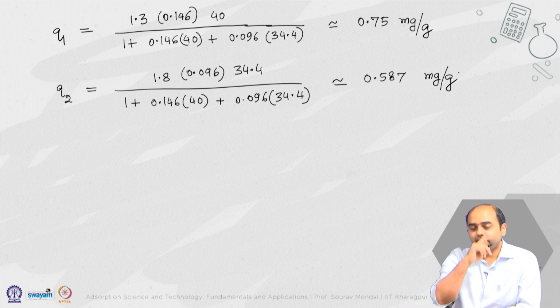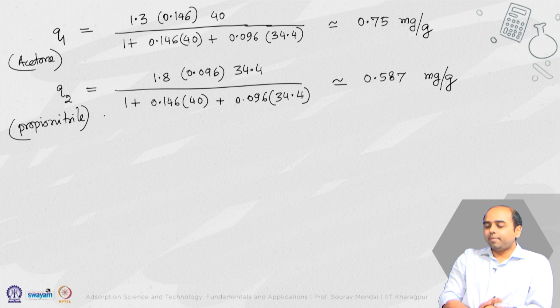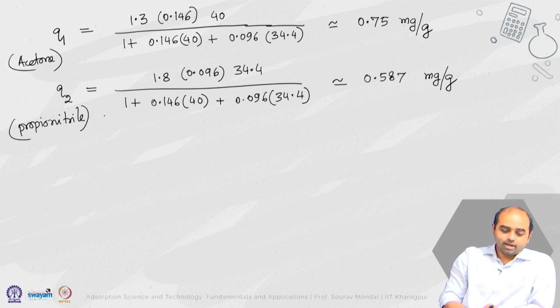Comparing these two values, the top one is for acetone and the bottom one is for propionitrile. You can see that the uptake of propionitrile is comparatively less than acetone, and interestingly it is different from their single component uptake values, because if you compare their single component uptake values at 40 and 34.4 respectively, you will see that those values are larger.